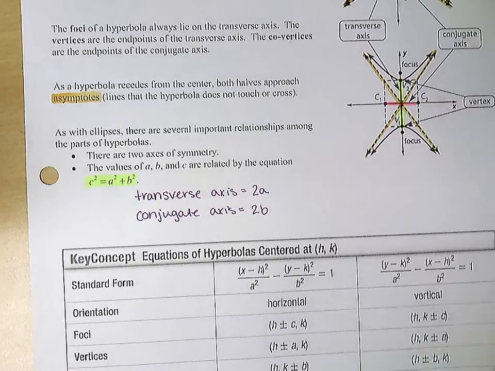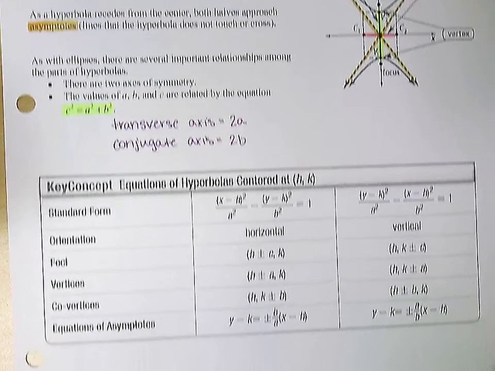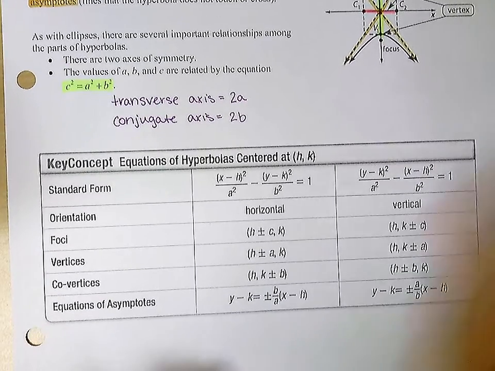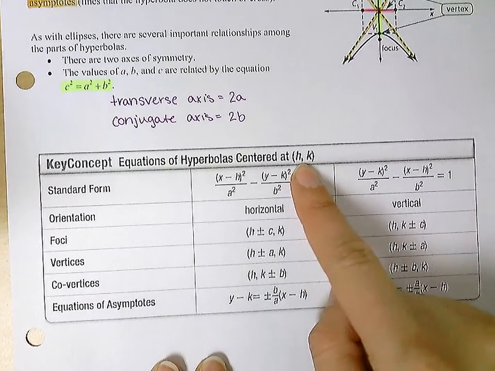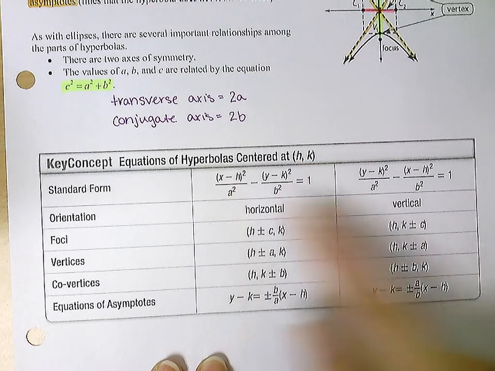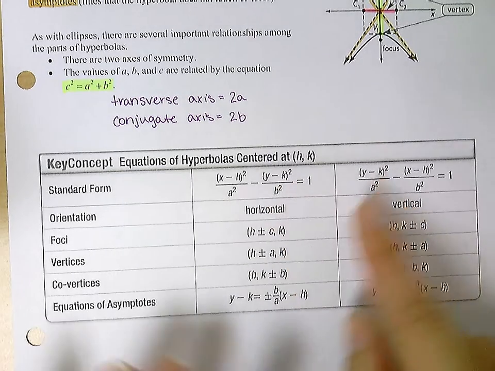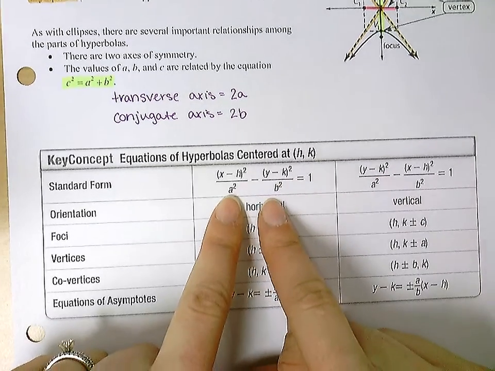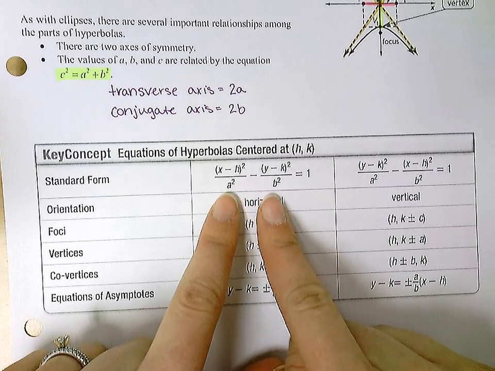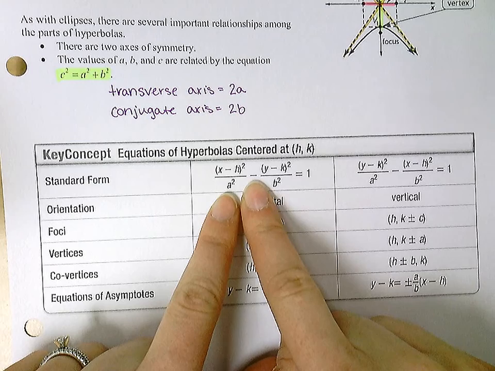Looking at our chart below, we have the standard form of our hyperbolas, and they are still centered at (h, k). Again, h is always next to x, and k is always with y. It looks similar to an ellipse, except you have subtraction between instead of addition.